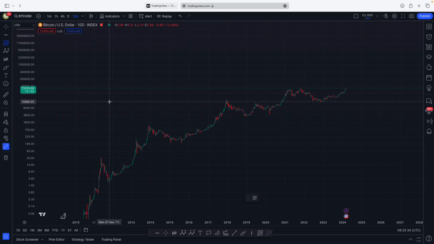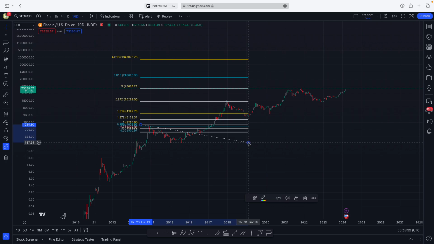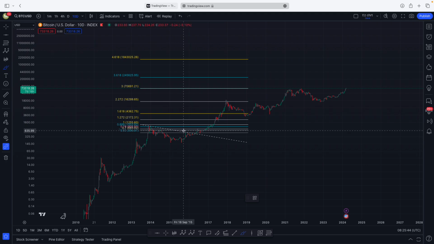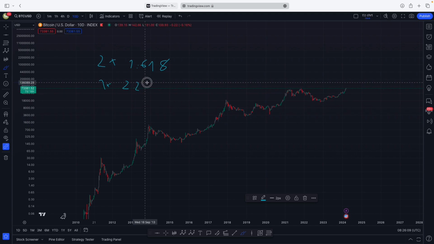Let's go on to the next cycles and pull the Fibs from top to bottom. In the 2015-16 or 16-17 cycle, you overshot the 1.618 and went to the 2.27. So we have two times more or less the 1.618, and one time the 2.27 Fib.